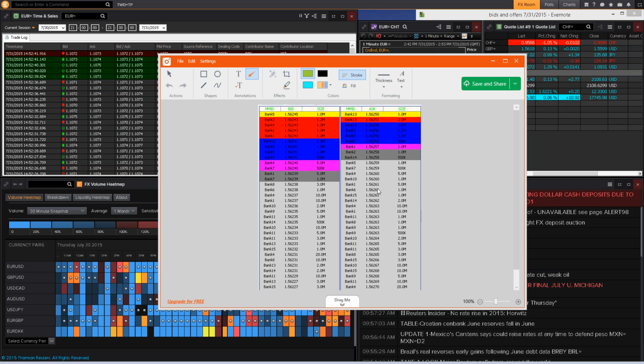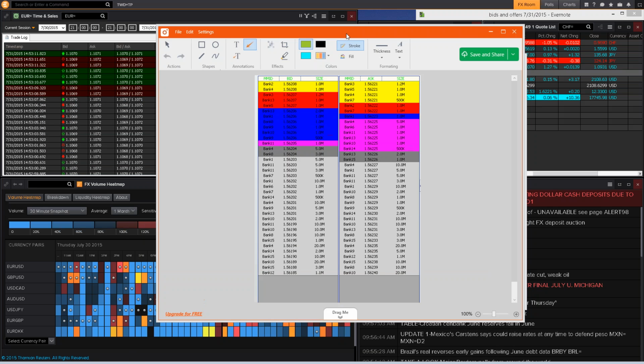There's no example here, but let me see if I can find an example so I can take a screenshot of it. Yep, found one right here.